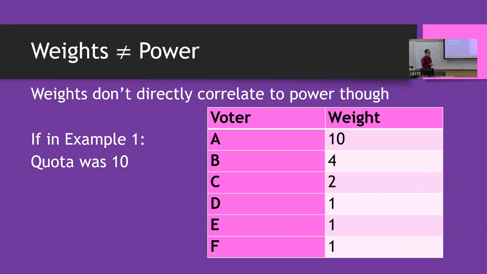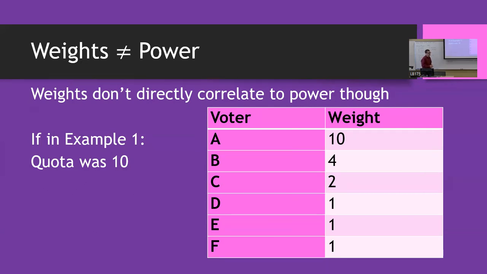They don't directly correlate. We wouldn't say A has 10/19 of the power. They have 100% of the power. And you wouldn't want to say C has 2/19 of the power.